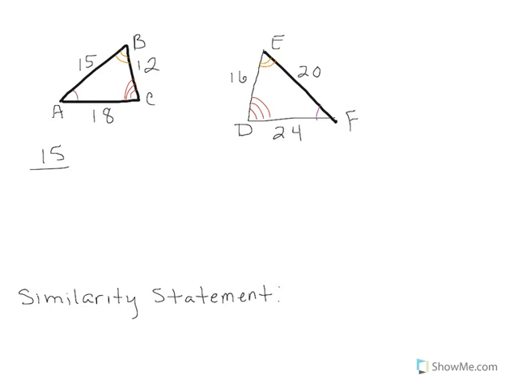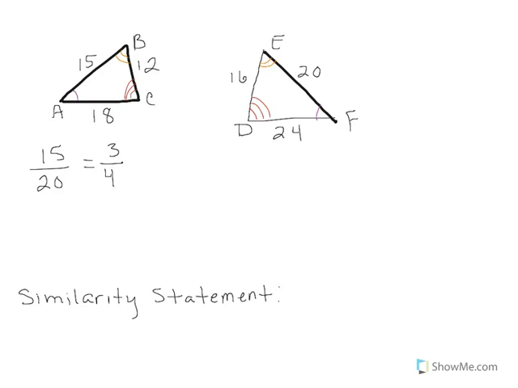Now AB connects the purple and orange angles. So which side in the larger triangle does the same thing? That would be side FE, which is a length of 20. Now what does this reduce to? The answer is 3/4. So this is the ratio that we're looking for. Let's move on to the next pair.